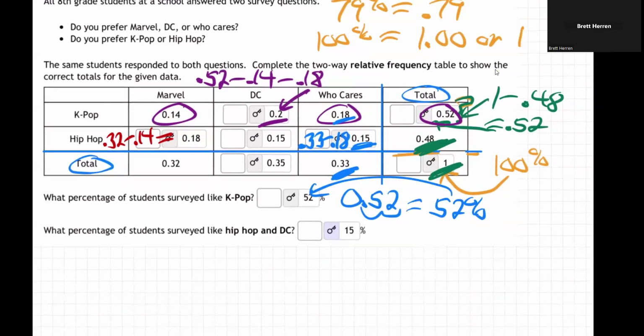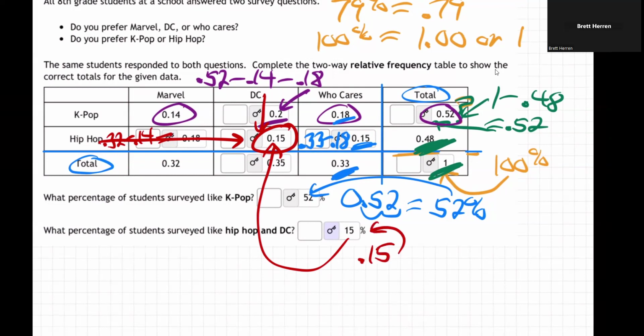They like hip hop and DC. Yeah, so that's going to go right here, because that's hip hop and DC. The people there like hip hop and DC, 0.15, which changed to percent, is 15%. And so there we go.